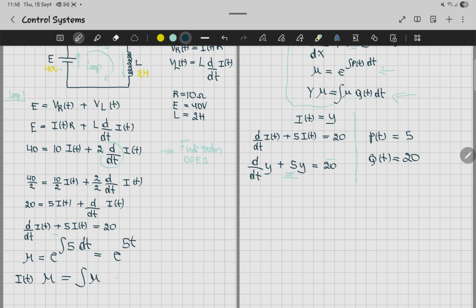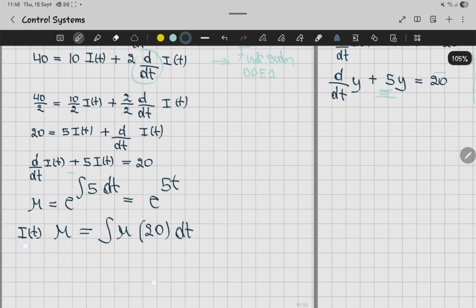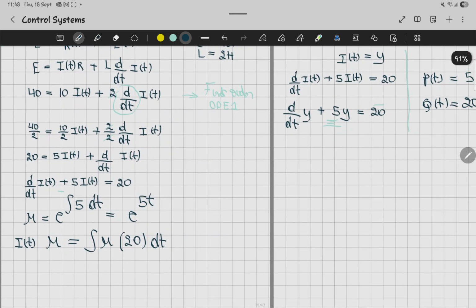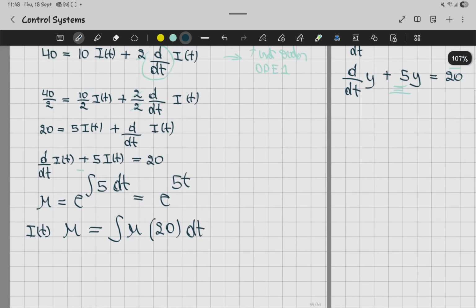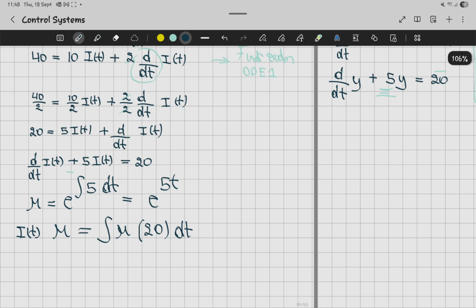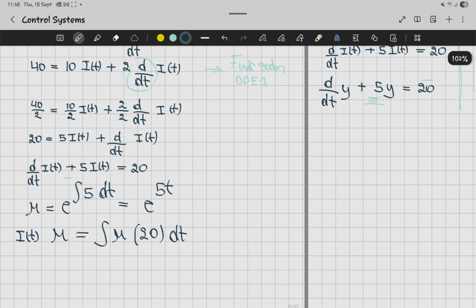What is QT? QT is actually equal to 20. Then we're going to write dt here. So we're going to have to solve for this equation, then we'll be able to get our final answer. All of this that you see here, we're only going to work out this side, and later on we're going to replace what we got.